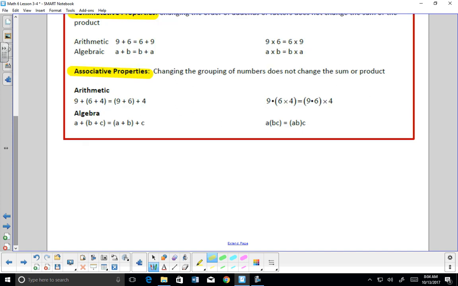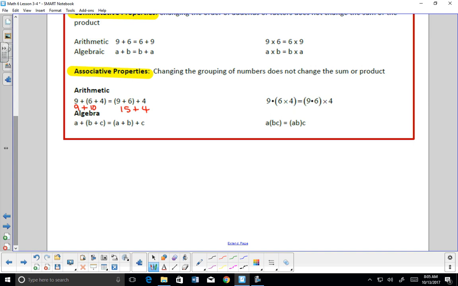If I have 9 plus parentheses 6 plus 4, that equals the same as parentheses 9 plus 6 plus 4. For instance, if I looked at this problem, this is 9 plus 10 because 6 plus 4 is 10. That's 19. 9 plus 6 is 15. 15 plus 4 is still 19. The answer did not change. It just changed the order in which I added them.